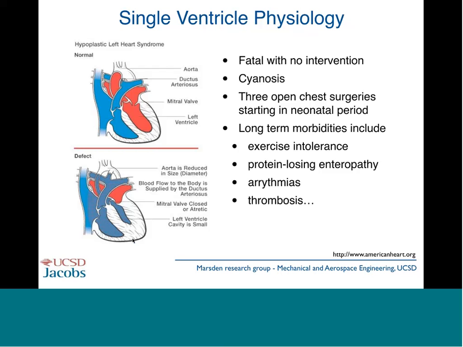They leave the patient severely cyanotic, or blue, lacking oxygen. They require 3 open chest surgeries starting as neonates. And then as the patients are growing, they encounter clinical morbidities, and sometimes mortality, including exercise intolerance, protein-losing enteropathy, heart arrhythmias, thrombosis, heart failure, sometimes transplantation, and other issues.